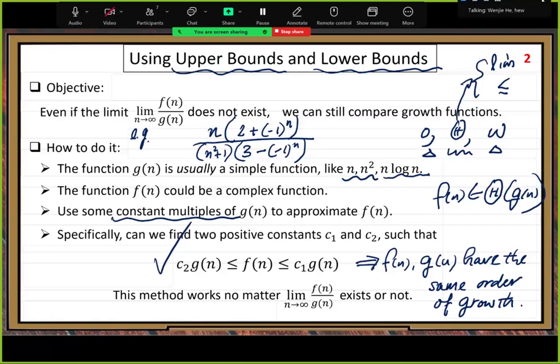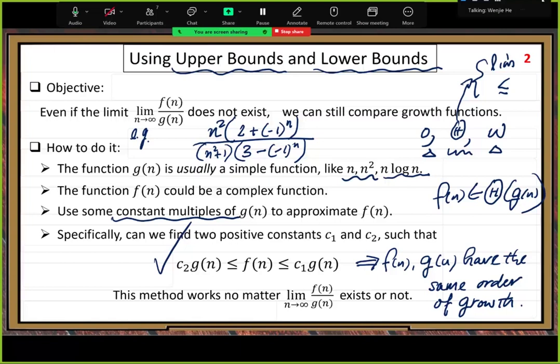So even, odd. I put a square because I want to show the limit does not exist, but these two functions have the same order of growth.